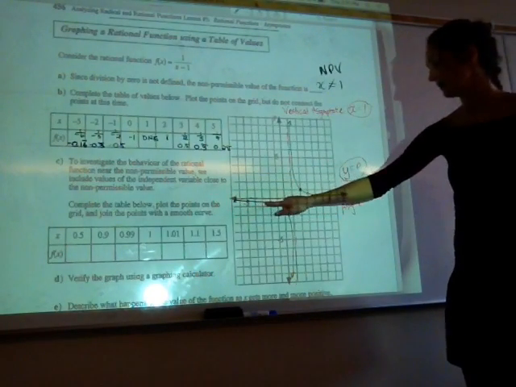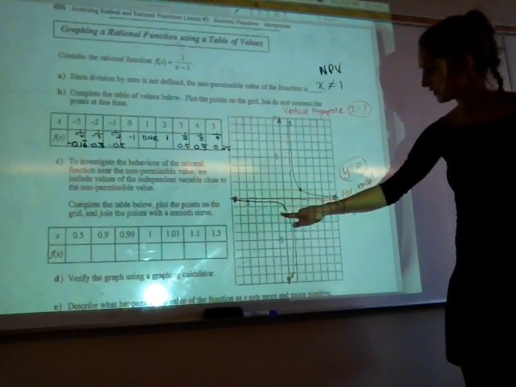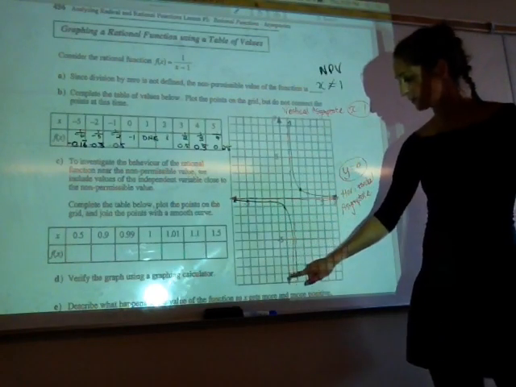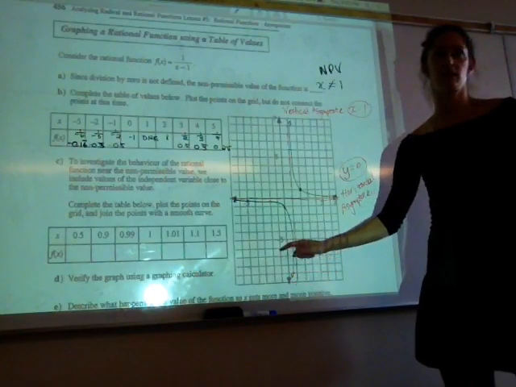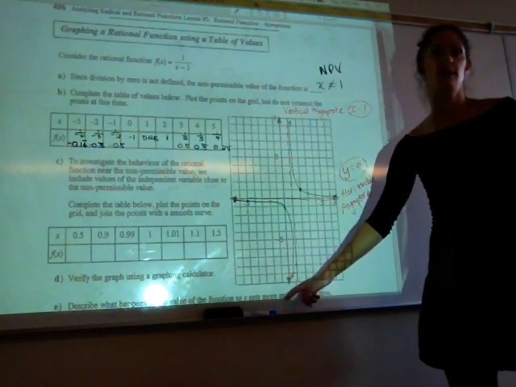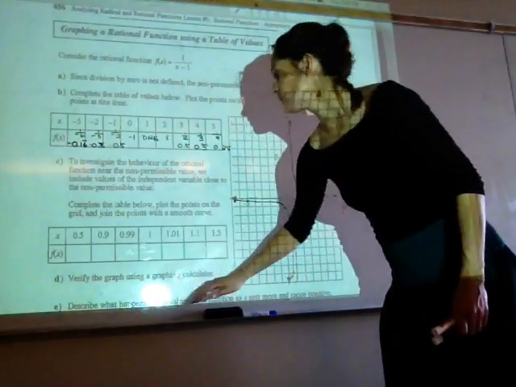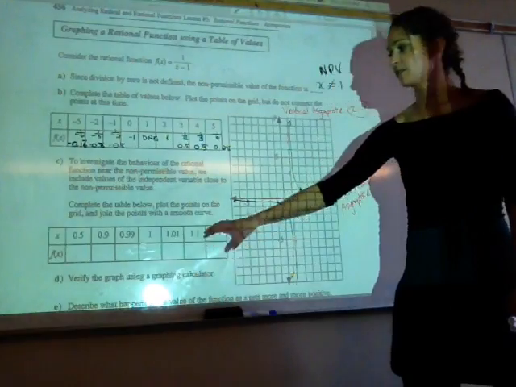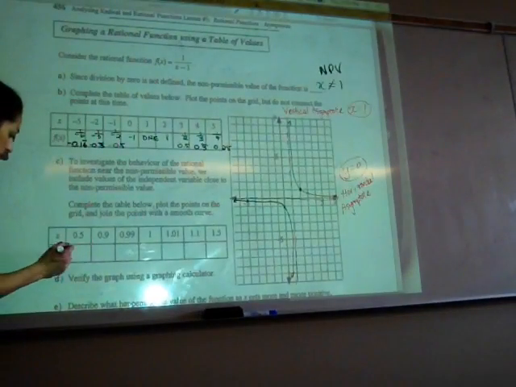And as x is getting bigger and approaching x equals 1, our vertical asymptote, the graph is getting smaller and smaller. In the y coordinates, where do you think it's approaching? Negative infinity. Good. So we could do the table of values to confirm that. I'll just throw it in there quickly.